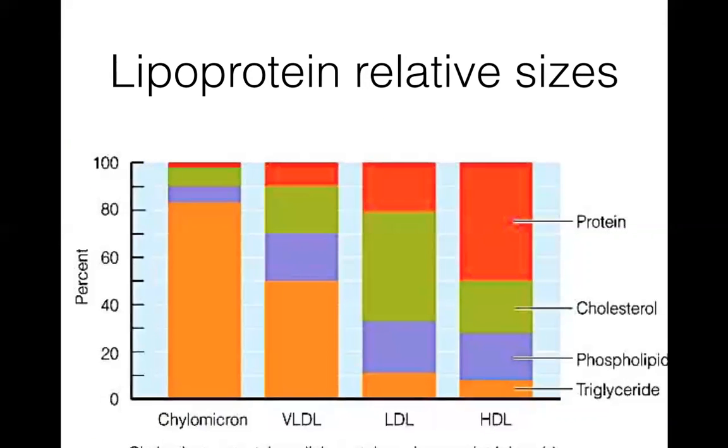In contrast, the smallest and the most dense is HDL because it contains a lot of proteins relative to the amount of triglycerides and other lipids it contains. In terms of composition, what comes close to chylomicron would be VLDL, in that they are predominantly composed of triglyceride.